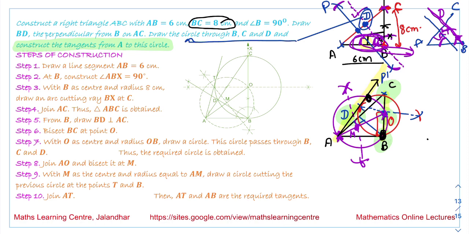This is one tangent, and the second tangent that we will have is this AB. This point where it is intersecting, we are naming as T. So the two tangents that we obtain are this tangent AT and this tangent AB. So AT and AB are the required tangents.